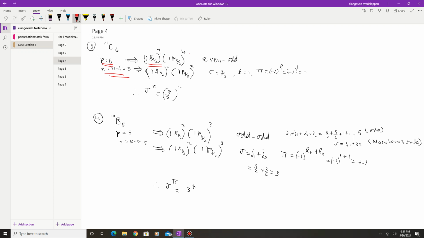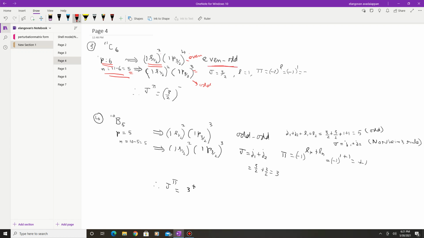So this is a paired level, the last one is a paired level, so this is even. For neutron, 1s half 2, 1p 3 by 2, 2, because N is equal to 5, so the last level is 5. So this is unpaired. So this is odd and this is even. Therefore this is even odd.